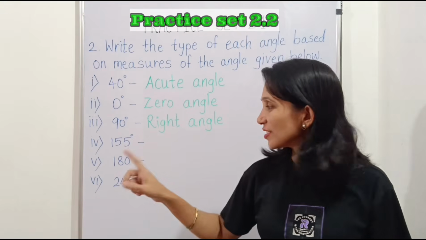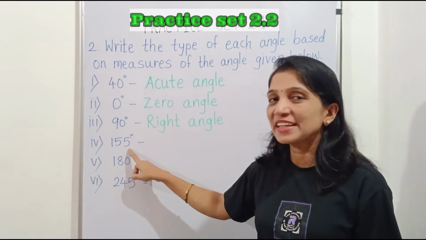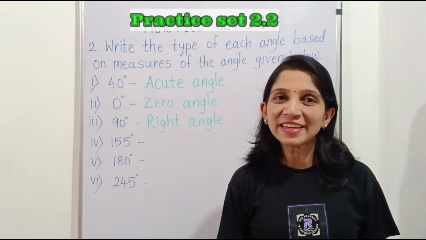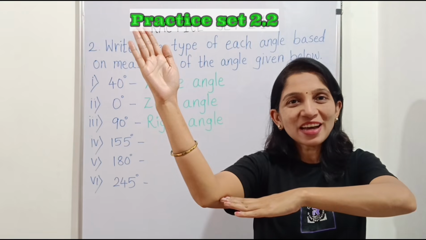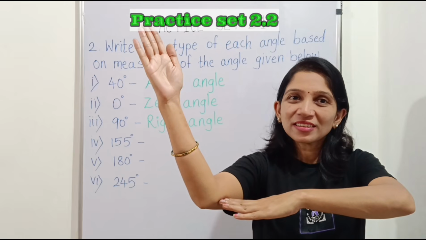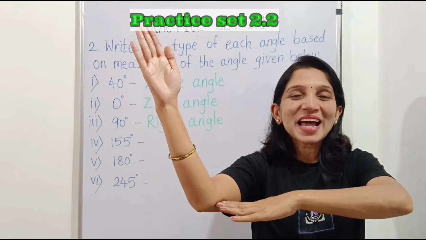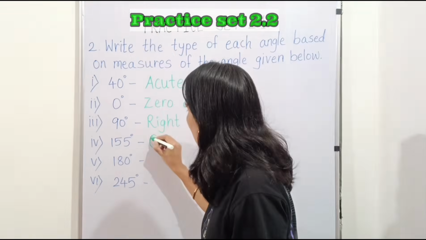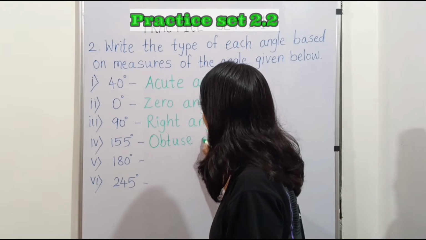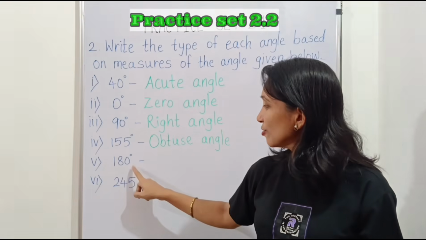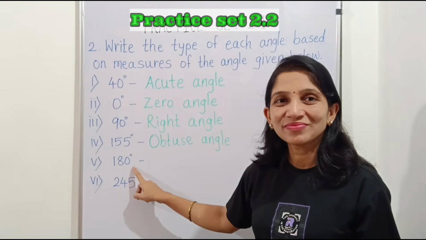Next suspect, 155 degrees. More than 90 degrees but less than 180 degrees. Both the arms make a wide opening. Wide space, that means an obtuse angle. Next suspect, 180 degrees.